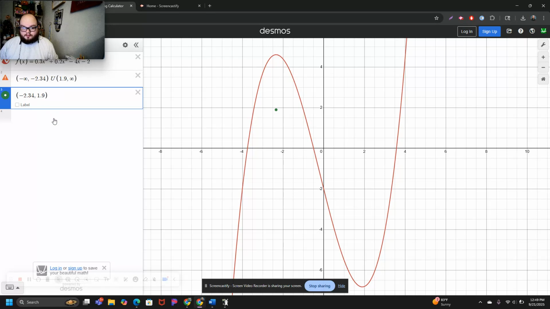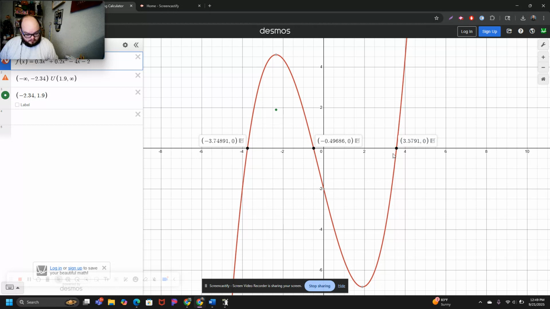And Desmos is going to express that as a point, and it's not. Where x equals 0, is it what? Negative 0.49, negative 3.74, and 3.578. Okay.